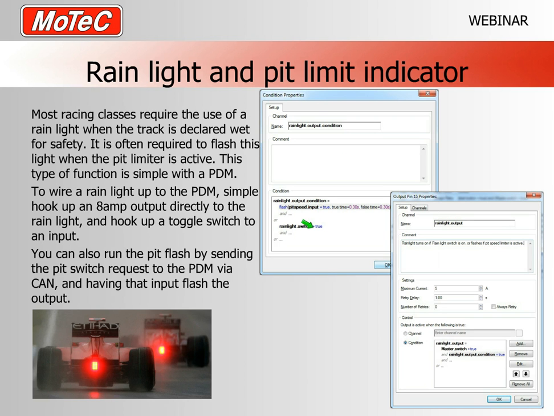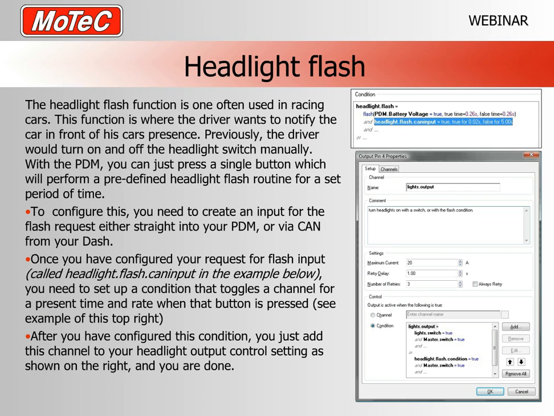So that's just a simple logic statement. And then the second thing we have on the right hand side is the actual output drive for the same function. These things are simple enough to do as a logic statement, and that enables us to have multiple functions being performed and receiving our message via CAN.